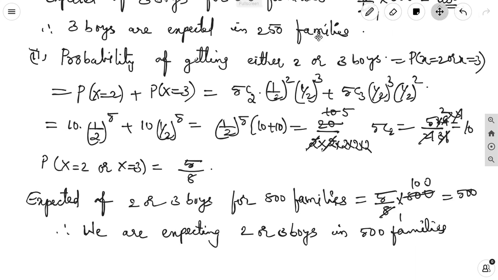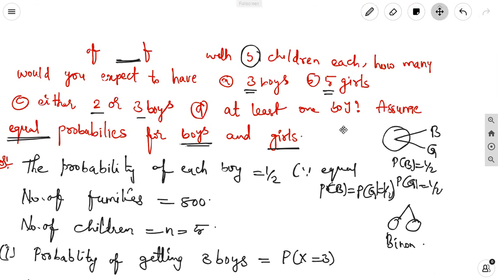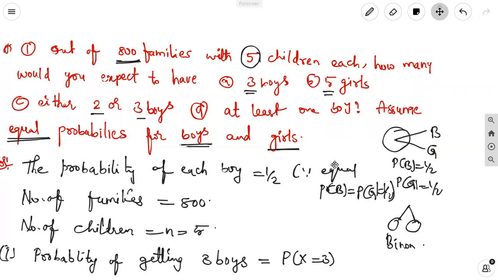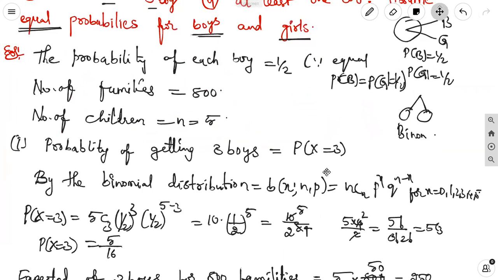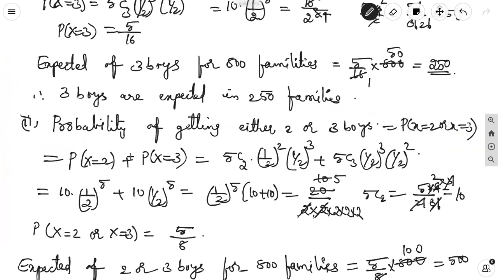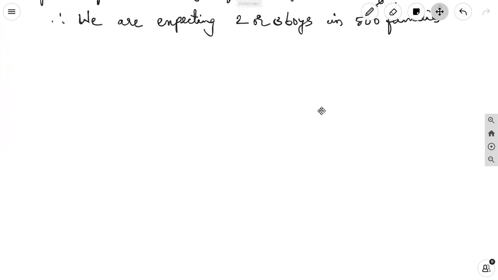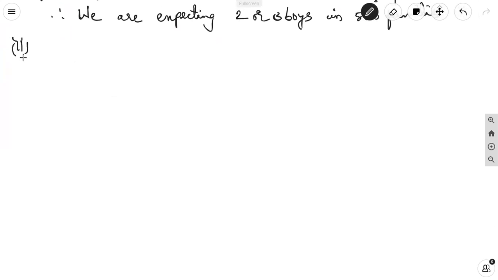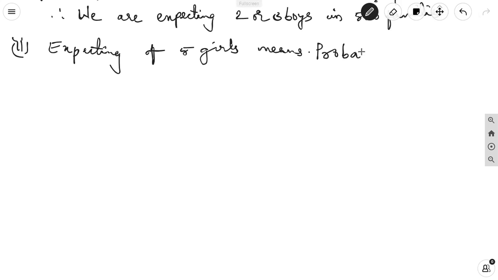Second one is 5 girls. Expecting 5 girls means probability of no boy.